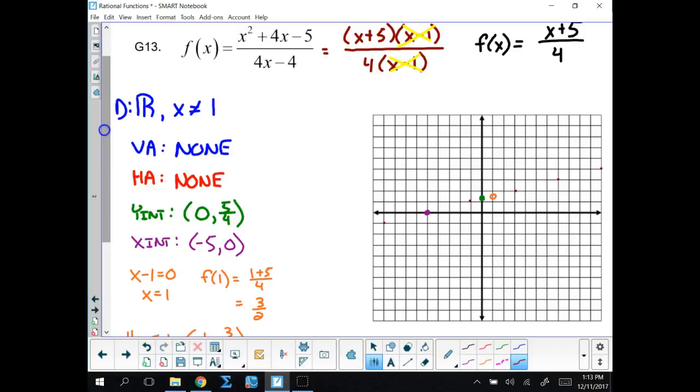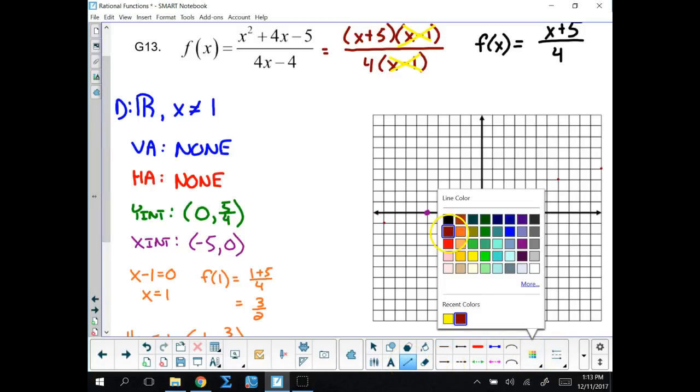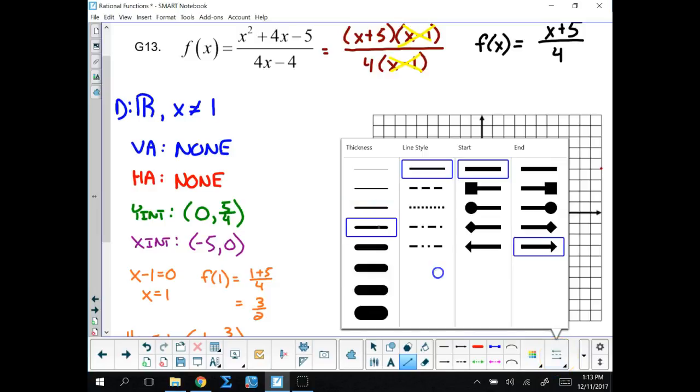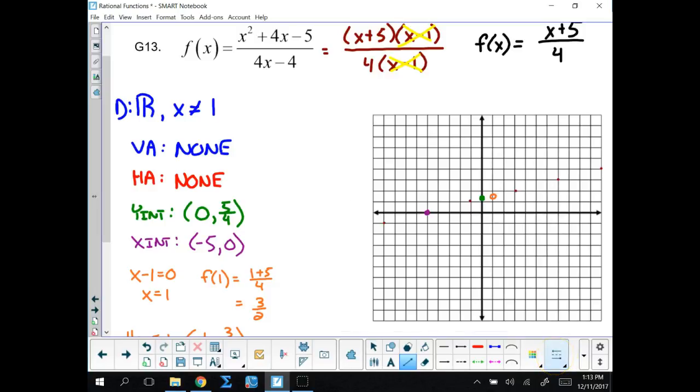So this actually ends up being a line with a hole in it. There's a hole in my line, dear Eliza.